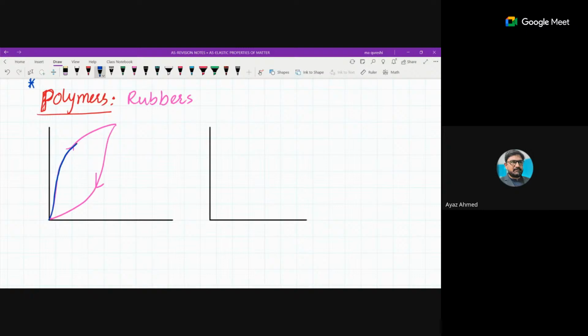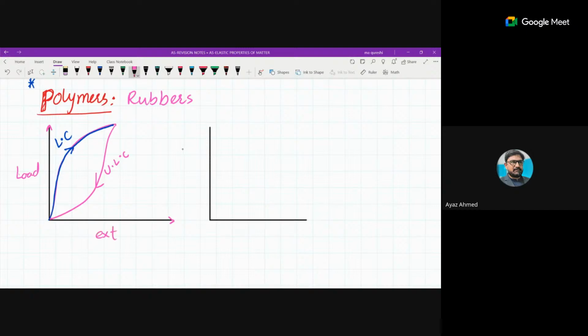Their shape is not a regular shape, you can draw anyone, no issue. This is your loading curve, and the other one is your unloading curve. The same rules are applied for everything: the area between the loading curve and unloading curve, and the area between extension and so on. So this is your load and this is your extension.